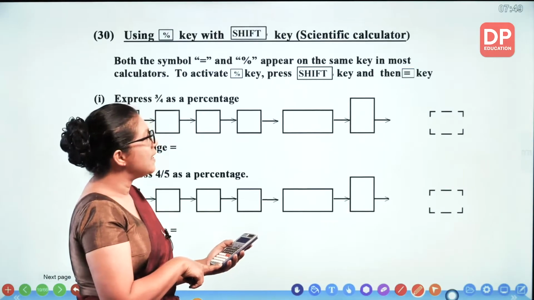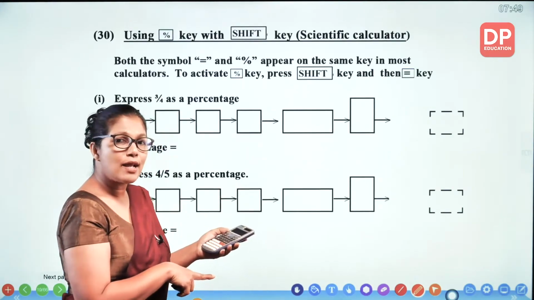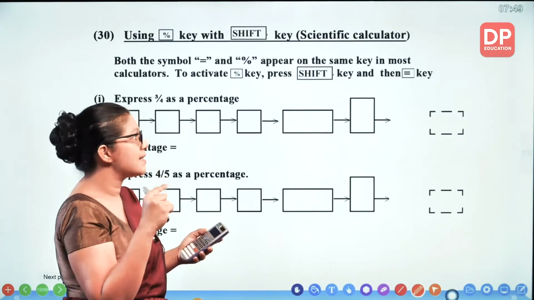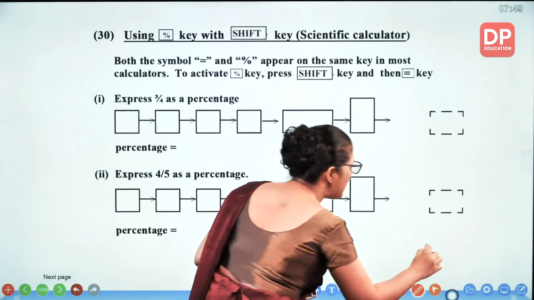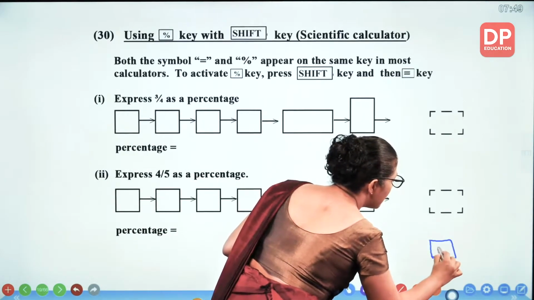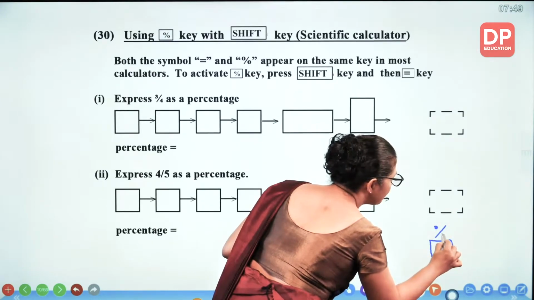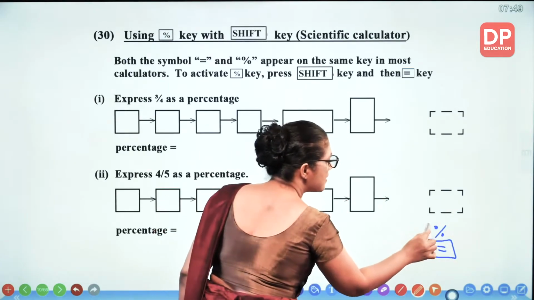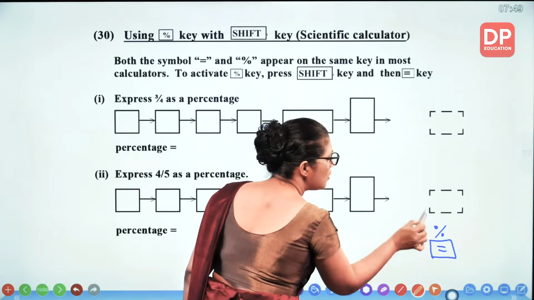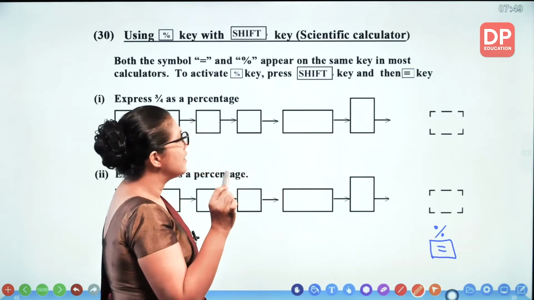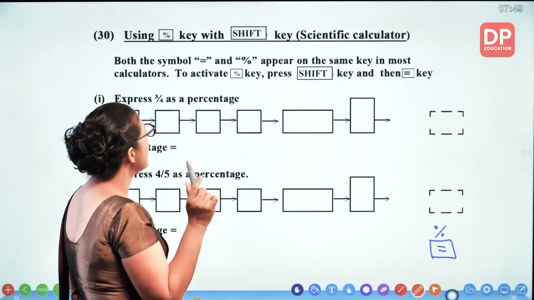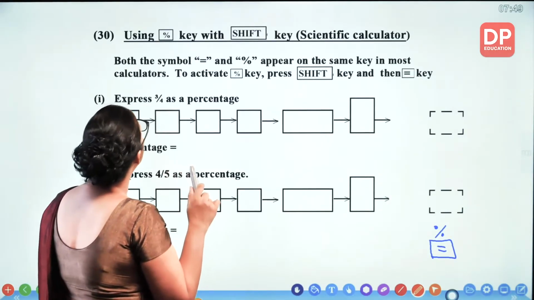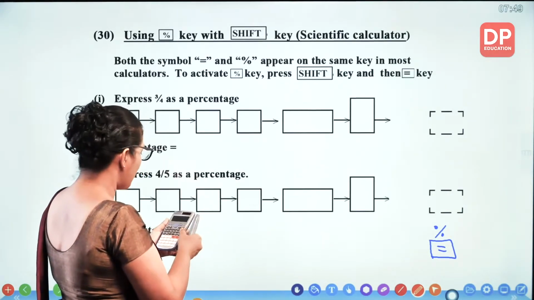Normally in most scientific calculators you get the percentage sign above the equal sign. So shift with equal, you get the percentage sign. We'll see how we can use the scientific calculator.